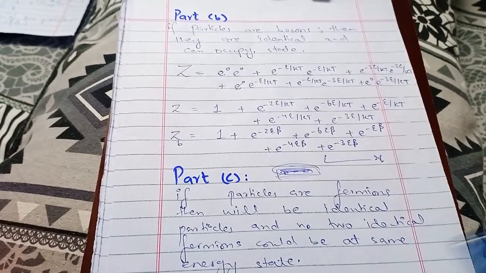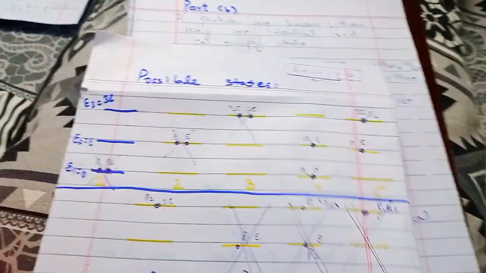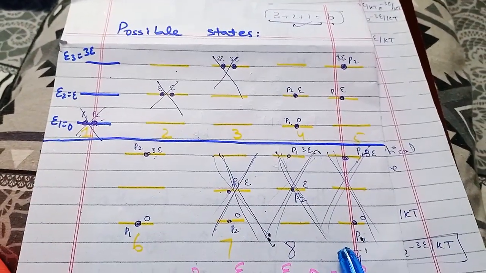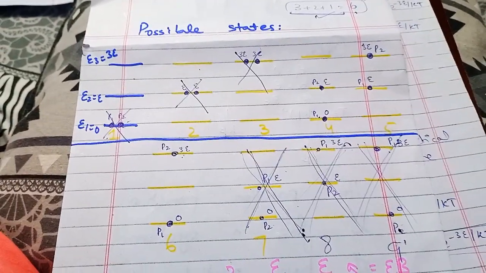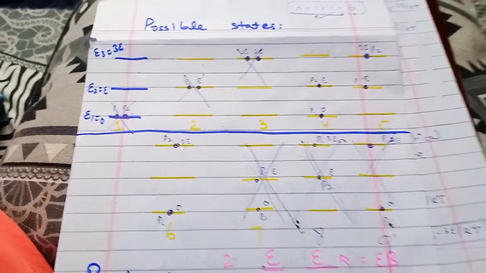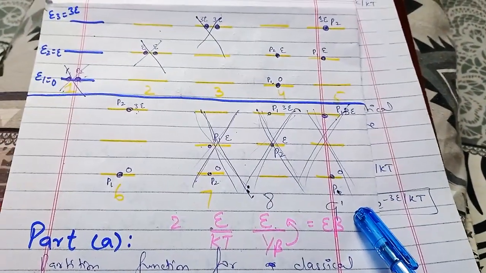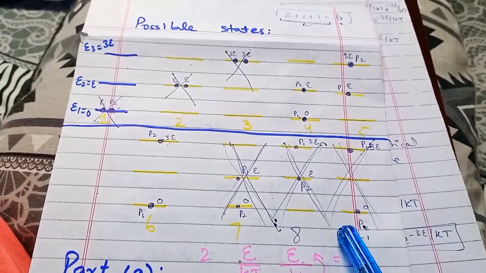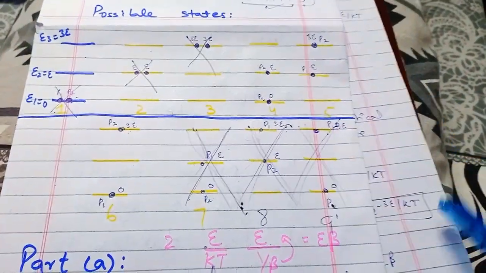And you now know what happens if they are classical particles. In classical particles, all permutations are possible, and the particles in classical physics are usually distinguishable, and that is why these additional permutations also exist. But if they are bosons, these permutations do not exist, since they are identical.